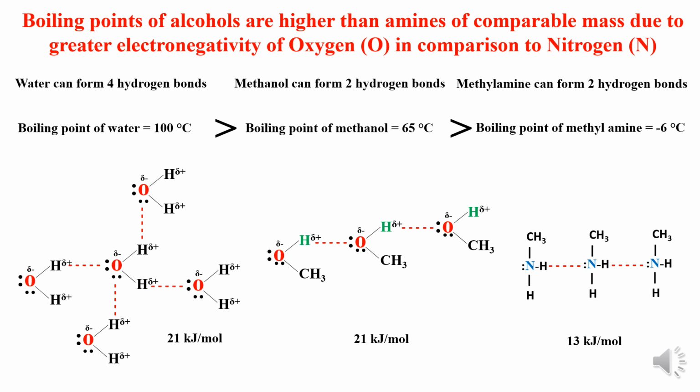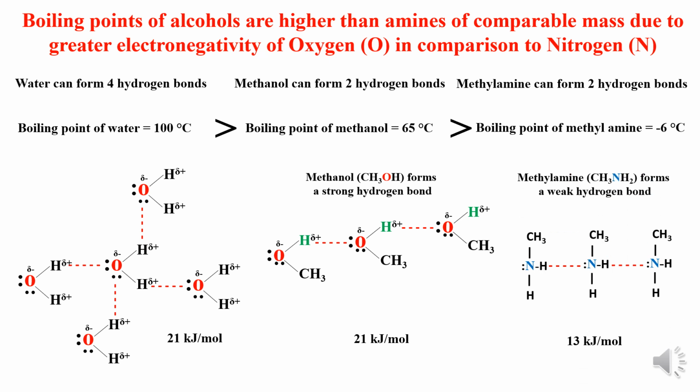The boiling point of methanol is around 65, while the boiling point of methylamine is around -6 degree Celsius. Now the difference in boiling point, though methanol and methylamine can engage in 2 hydrogen bonds, is because of the strong hydrogen bond formation in case of methanol and a weak hydrogen bond formation in case of methylamine. And this is because of greater electronegativity of the oxygen atom in comparison to nitrogen atom.